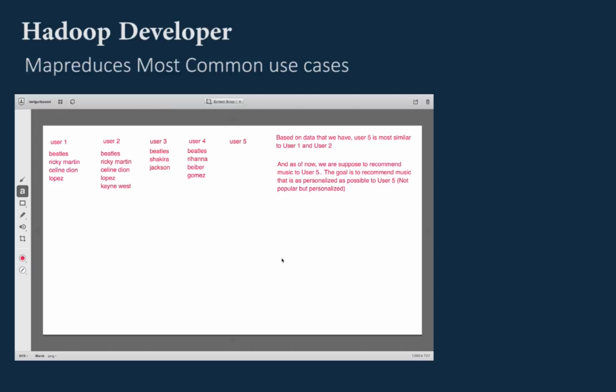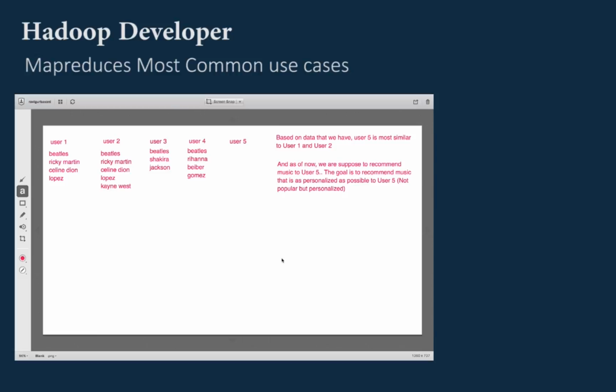Now, our goal is to recommend something that's extremely personalized, not something popular, but most personalized to user 5. And based on the data we have, user 5 is most similar to user 1 and 2. So what will we recommend to user 5?